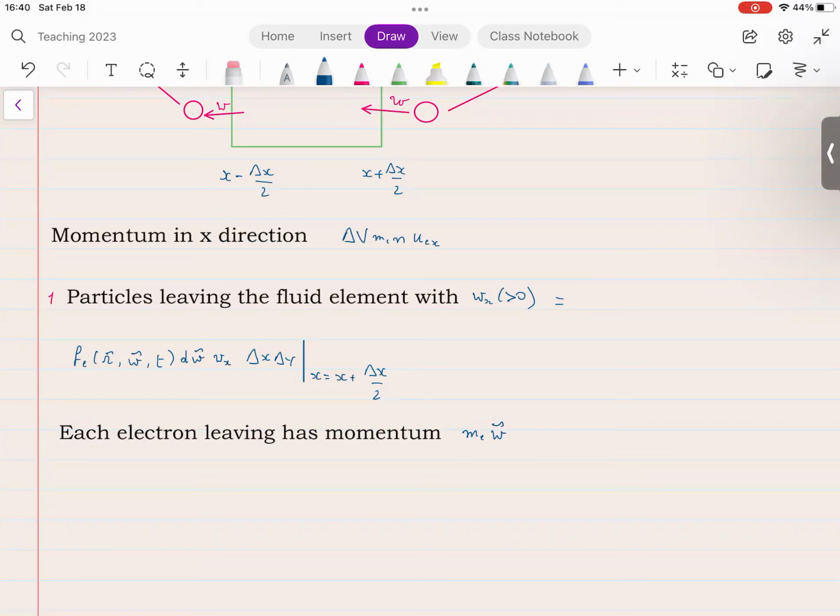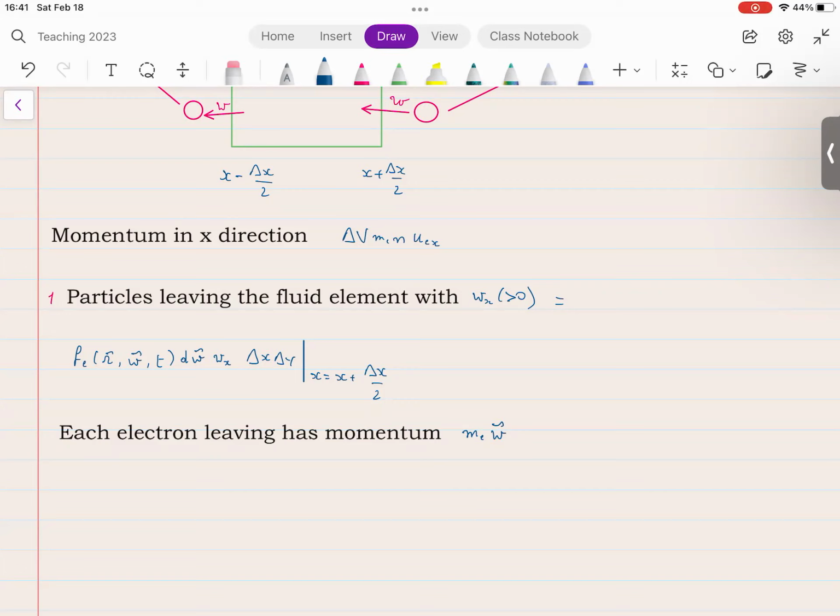Notice that this is the total momentum, because to be rigorous, the particle is going to take out momentum in all the directions where it's carrying momentum.